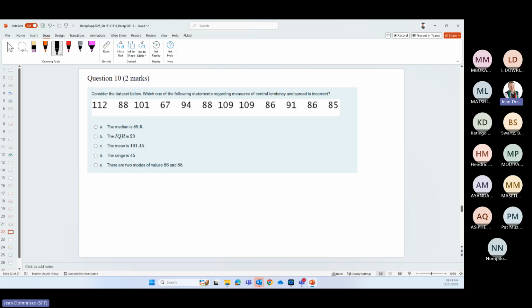So the smallest number is actually 67. Largest number is 112. So the range should then be 112 minus 67.